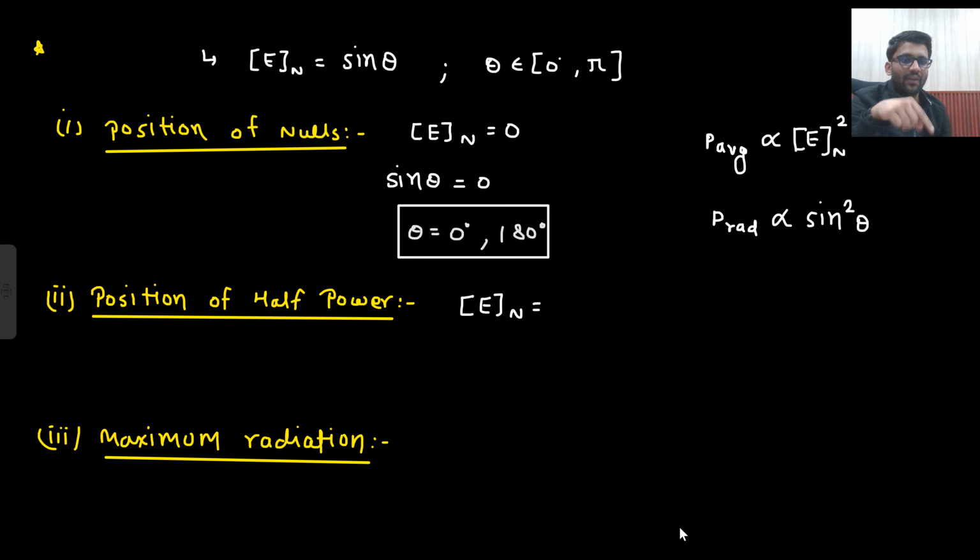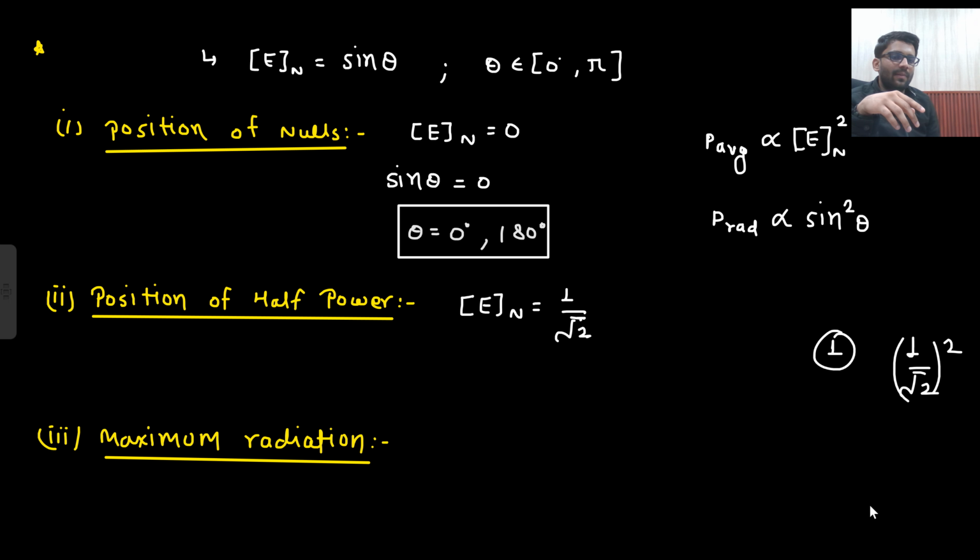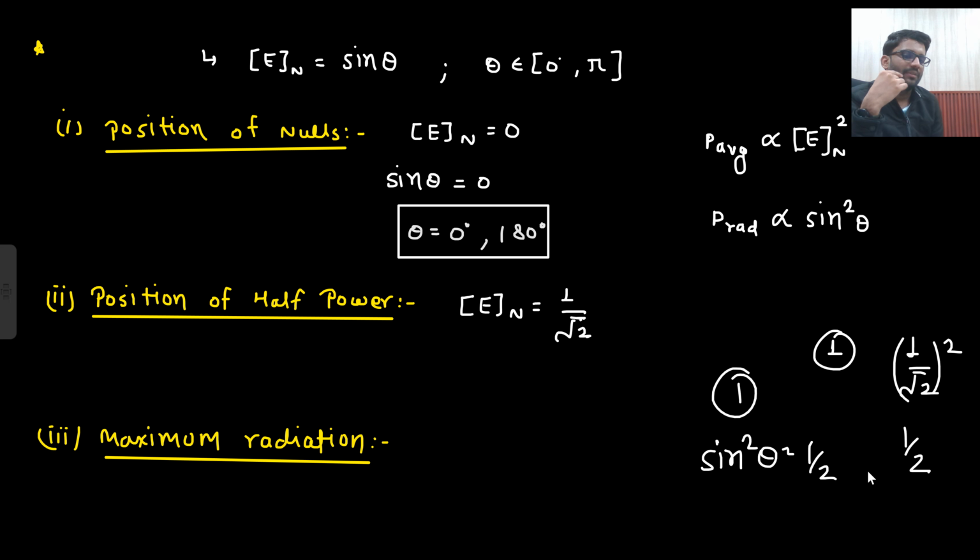So if I am talking about half power, that means normalized value of electric field I should keep equal to 1 by under root 2, no? Because maximum value of a normalized electric field is 1. And at 1 by root 2, my power will be half of that, because 1 by root 2 whole square is half only. Here the maximum value of sin theta is 1. And if I need to take half value, that means sin square theta should be equal to 1 by 2. That means sin theta should be equal to 1 by under root 2.